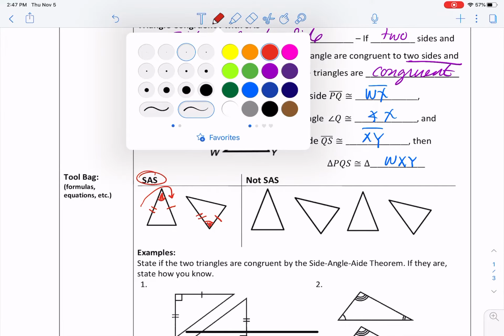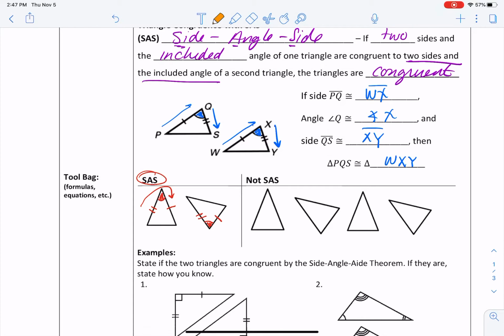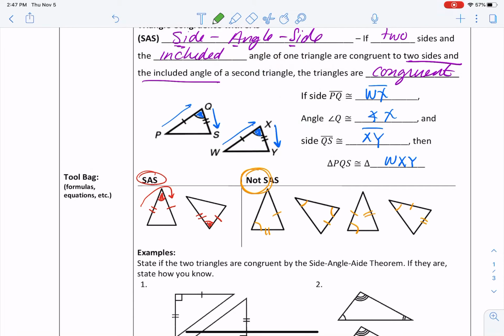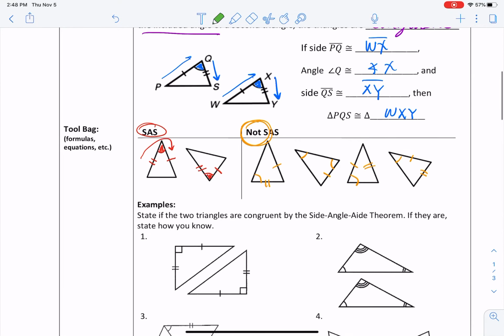Examples that would not be side angle side would be where the angle is not between the two. So these are not side angle side. The included angle needs to be between the two sides that are given to you as congruent pairs.